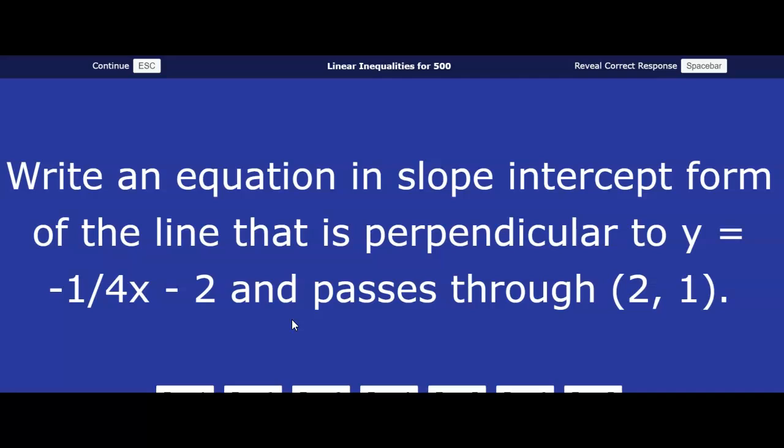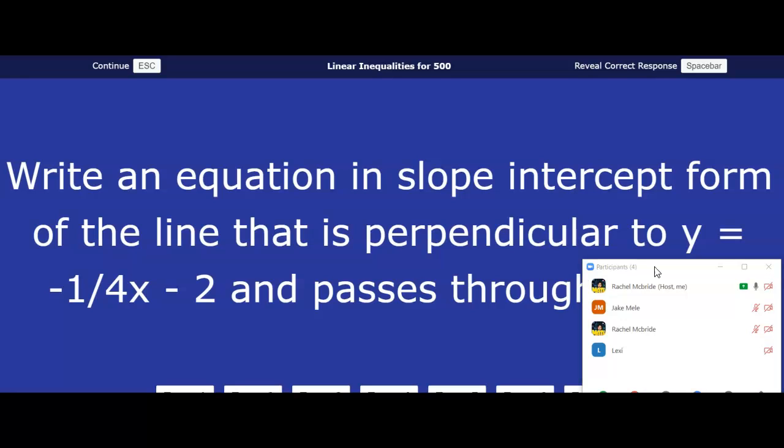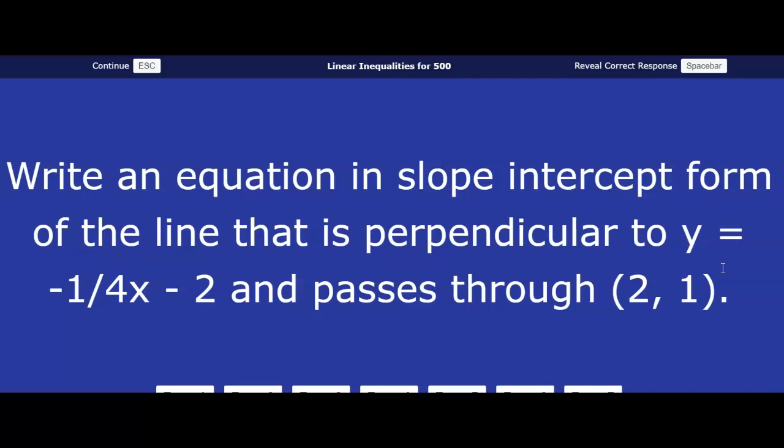So, do you guys know how to do this? Because you do need to know how to do this. You have to take the slope, and this is how she knew it, right? It's the opposite reciprocal of whatever this slope is. So if that slope is negative 1/4, then you take the opposite reciprocal, and then you put it into slope-intercept form.